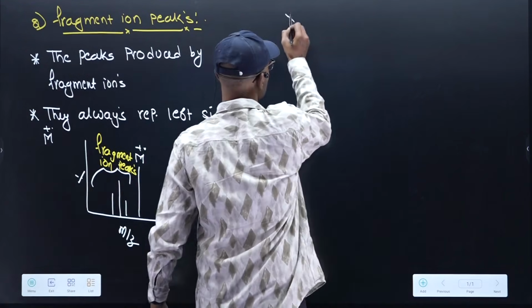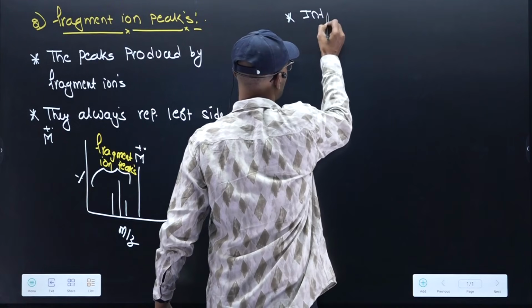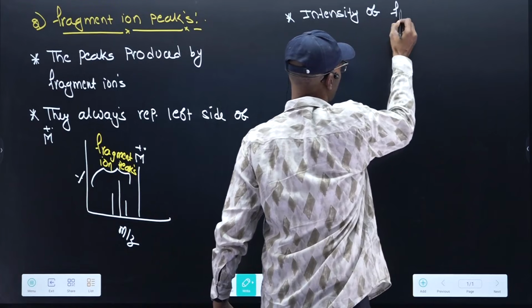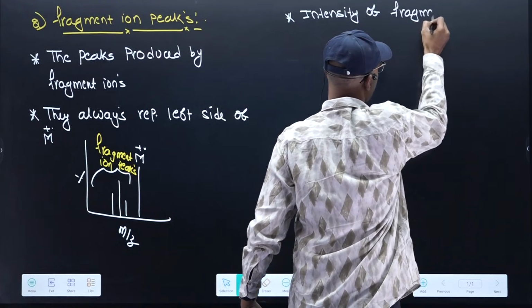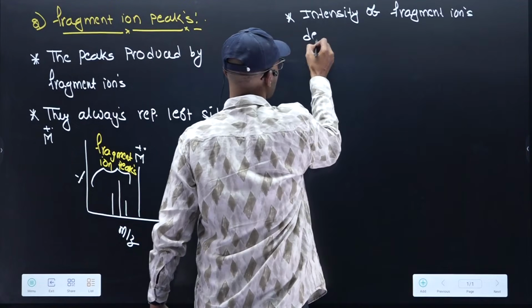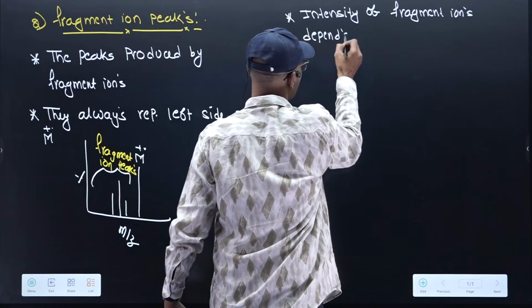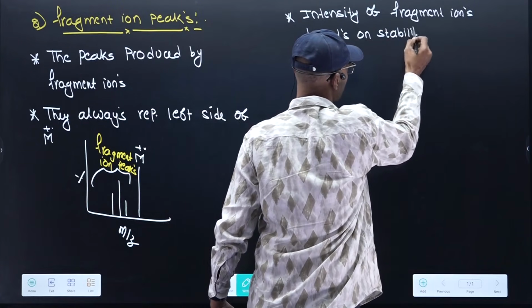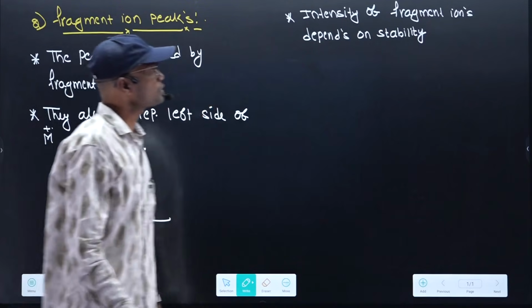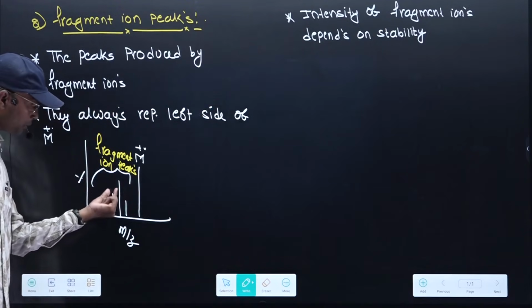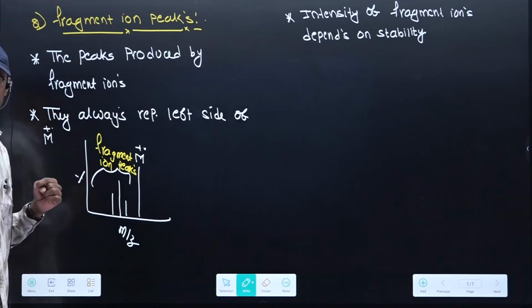If you go through the intensity of fragment ions, the intensity of a fragment ion depends on its stability. A fragment ion may be more stable than the molecular ion.